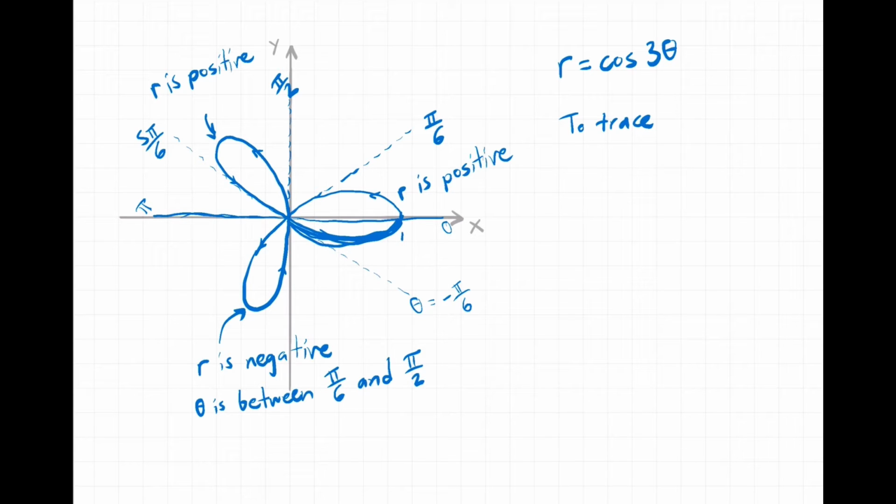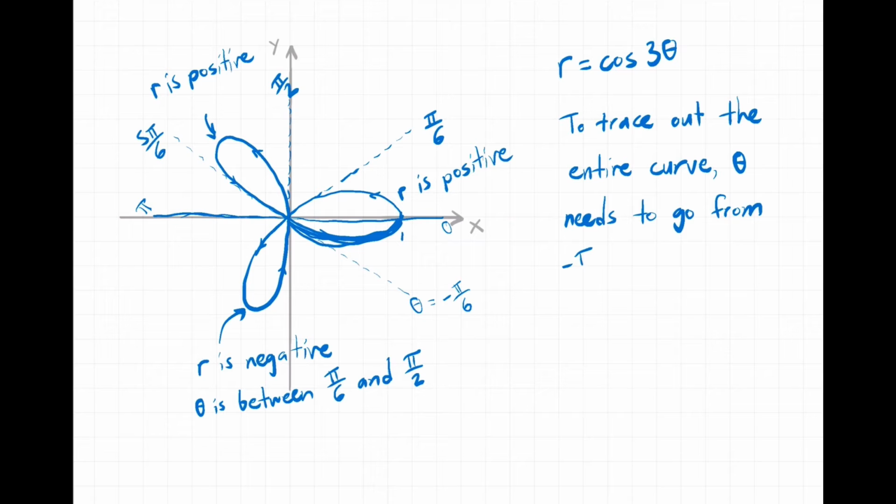So to trace out the entire curve, theta needs to go from negative pi over 6 to 5 pi over 6, or any interval with a width of pi.